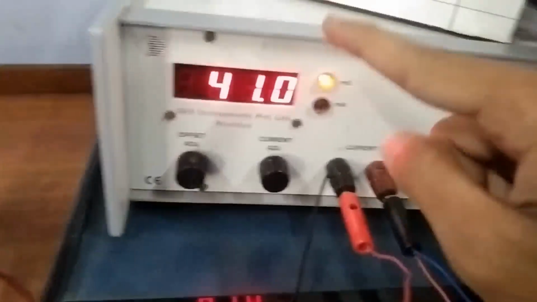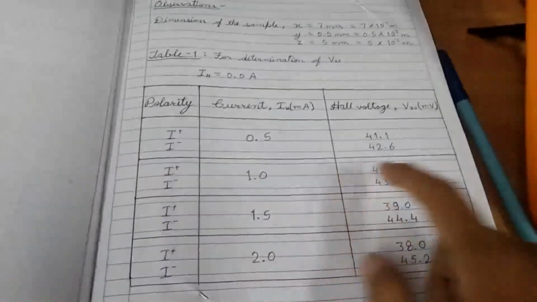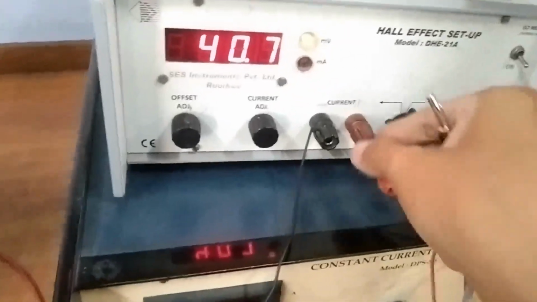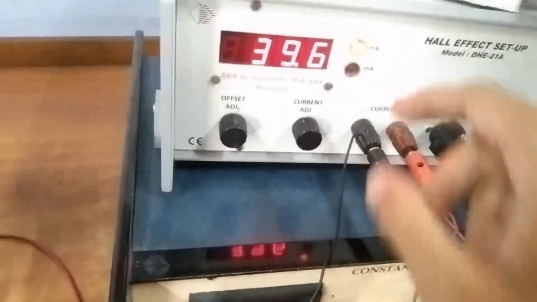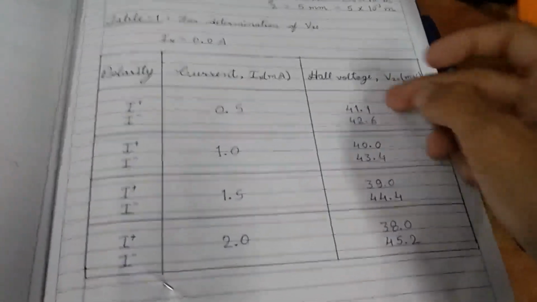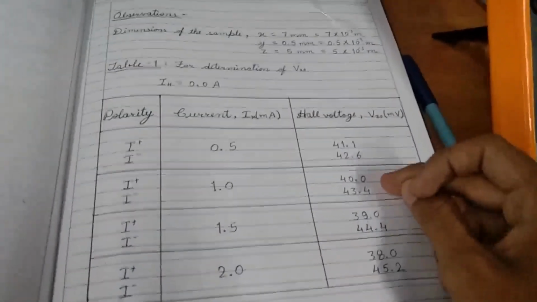Make sure here it is negative polarity, so first we'll write negative polarity with 1 milliampere: we are getting 41. Now for positive polarity we are getting 39.67. As you can see, here also we are getting less. As we increase the current, our Hall voltage also decreased.